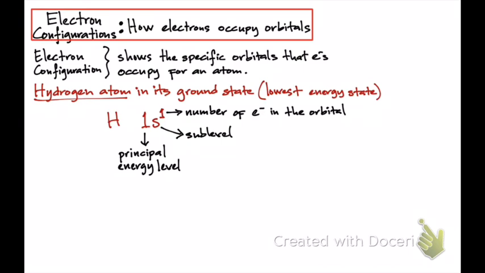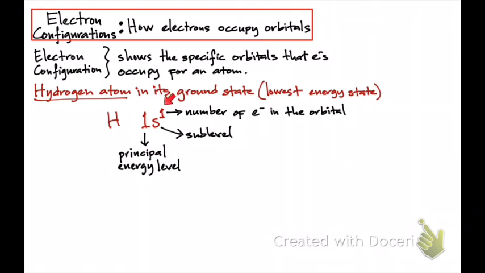And this letter right here, the letter S, is basically the sublevel. Remember that you have 4 different sublevels: S, P, D, and F. It tells you that the only electron of the hydrogen is in the S sublevel. And of course, an S sublevel contains orbitals, so you have an S orbital in an S sublevel.